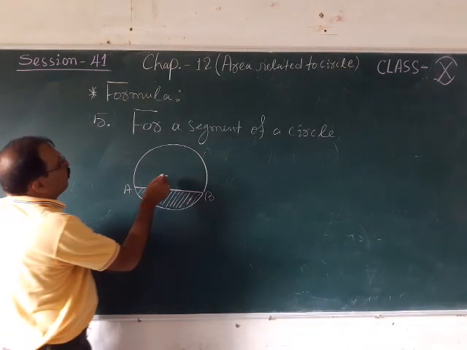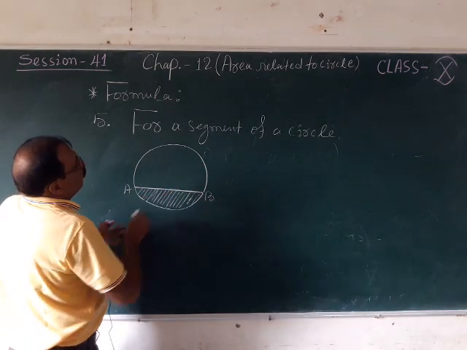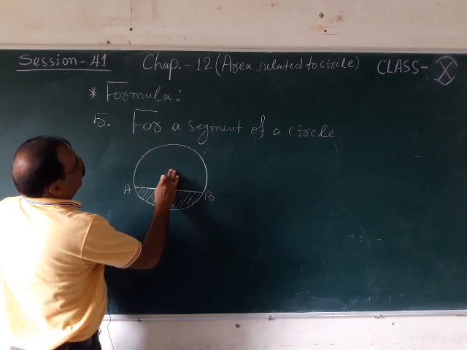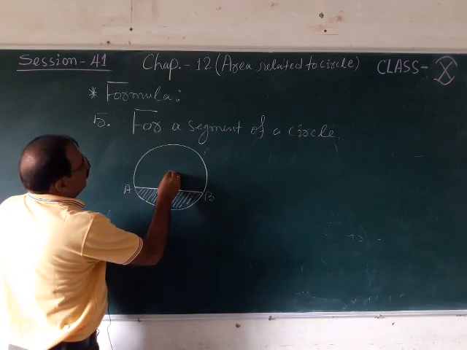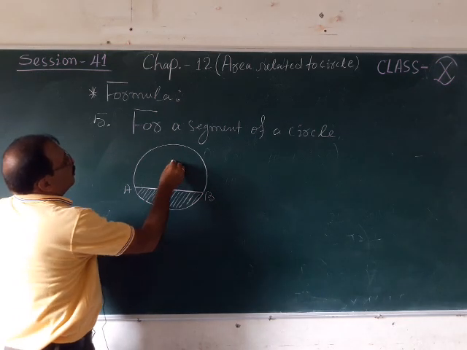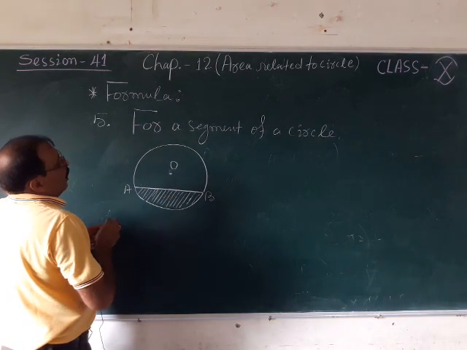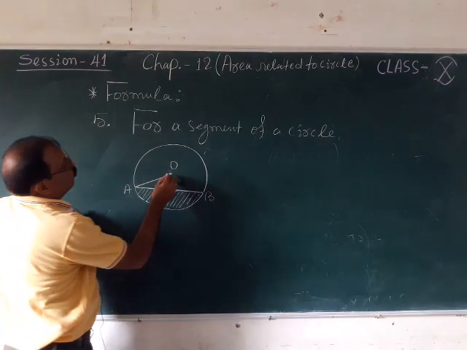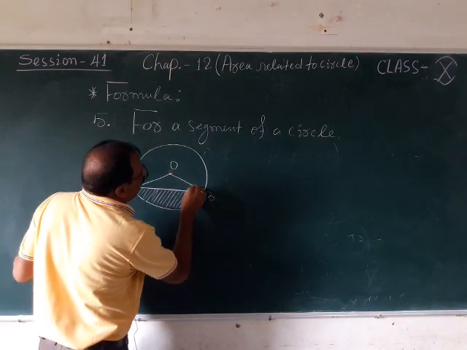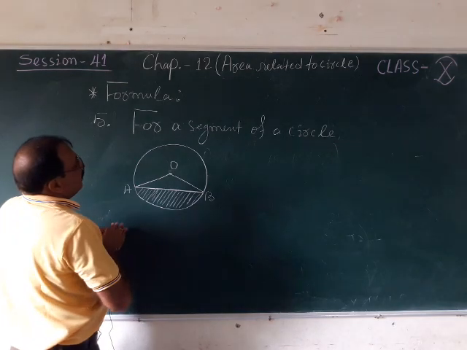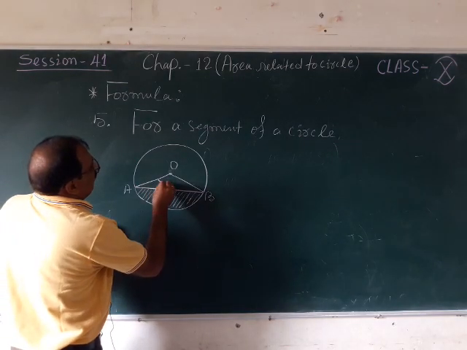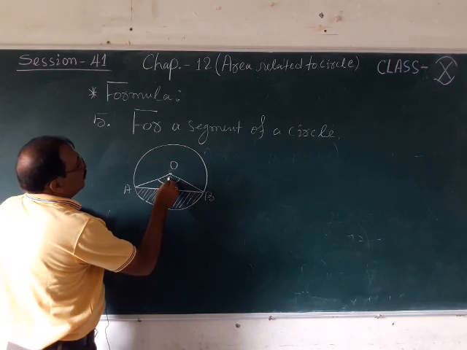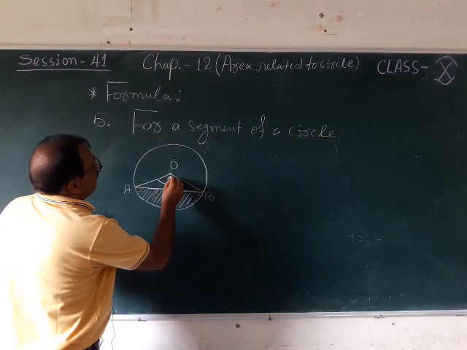Now first of all, in this case also you need to join the center. Suppose I am taking the center there, and its name is O. You need to join O to A, then O to B, and in between you are aware that there is the angle AOB and its measure is again theta.